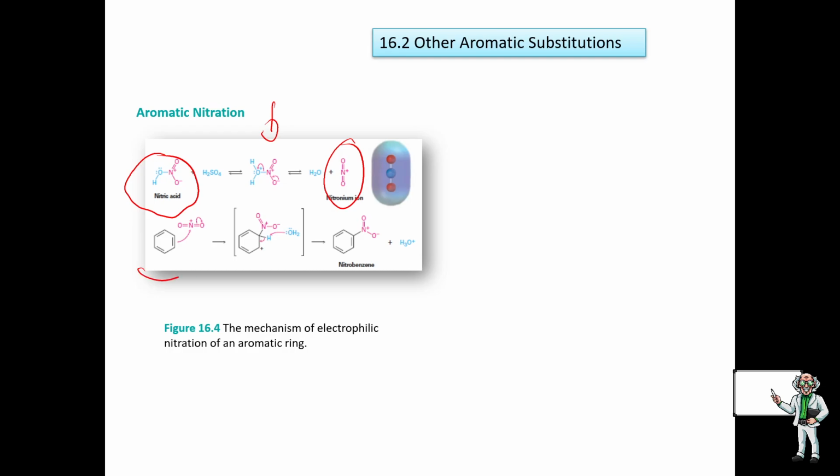A pair of electrons of the pi system of the benzene is attacking the nitronium ion, and once we have the first addition, we form the carbocation intermediate, a proton is removed, and we get again the aromaticity obtaining nitrobenzene.